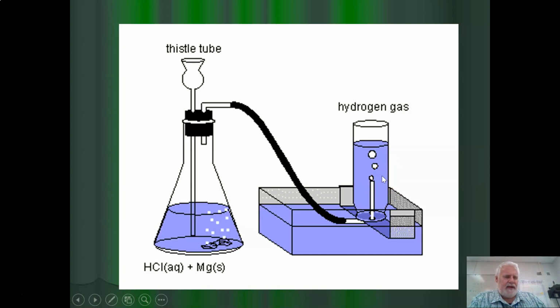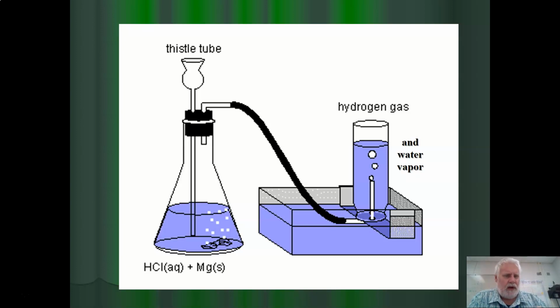So by process of elimination, since this is hydrogen and it's bubbling up through water, your only other possibility is water vapor, water in its gaseous form.